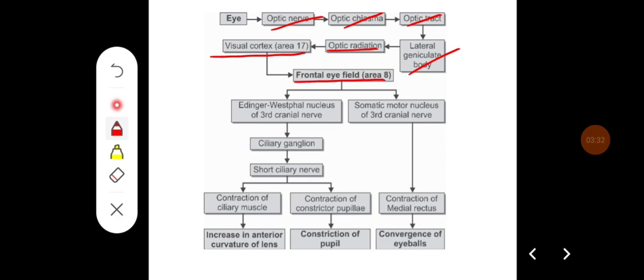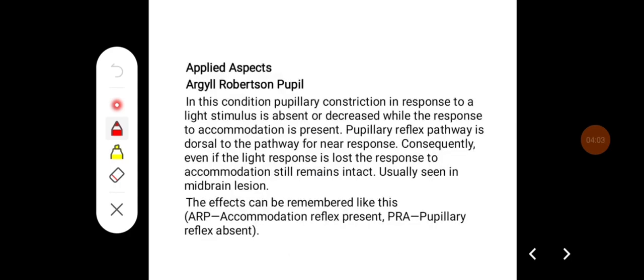From there it goes to the Edinger-Westphal nucleus of the third cranial nerve, and through the ciliary ganglion and short ciliary nerves, it leads to contraction of the ciliary muscle and increase in the anterior curvature of the lens, and similarly contraction of the constrictor pupillae, leading to constriction of the pupil. And at the same time, there will be stimulation of the somatic motor nucleus of the third cranial nerve, which causes the contraction of the medial rectus, which leads to convergence of the eyeball.